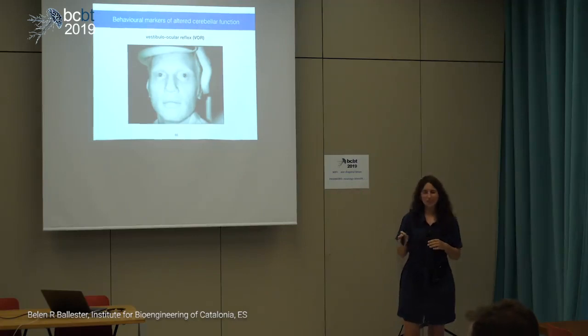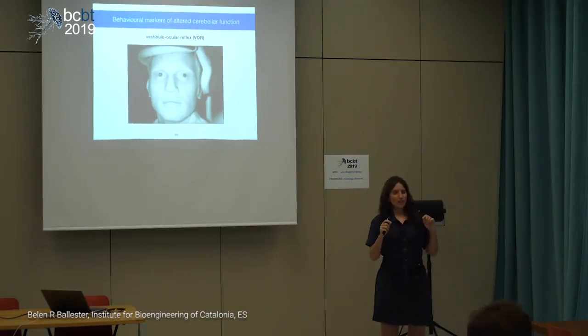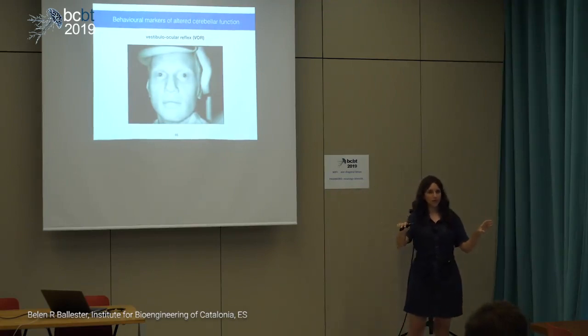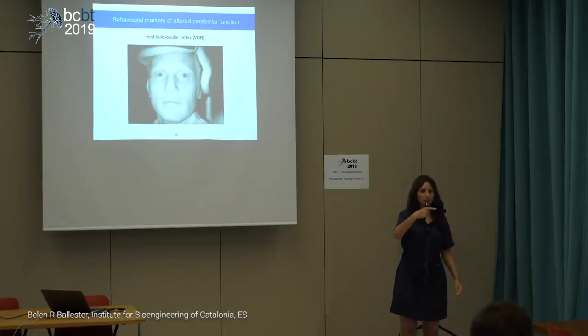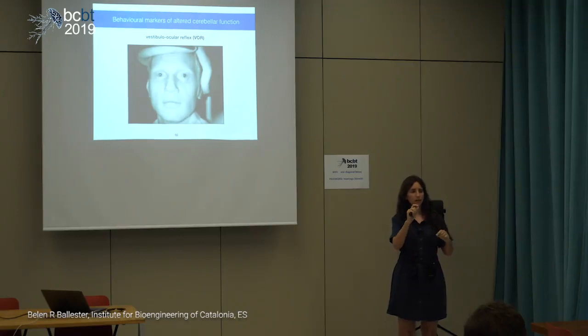Okay. So, the vestibular system is formed by a peripheral part and a central part, okay? So, the peripheral part, which is located in your inner ear, is composed by hemicircular channels and tiny organs. And all of this is partly covered by hair cells, okay?